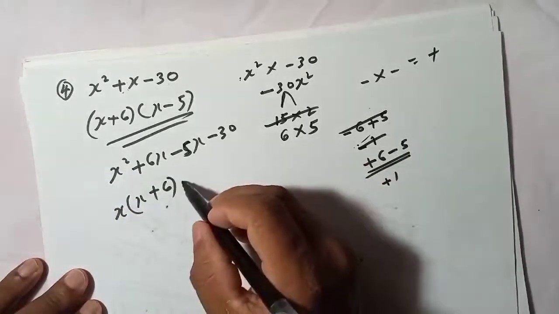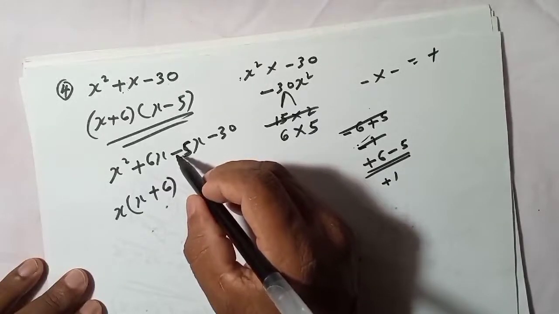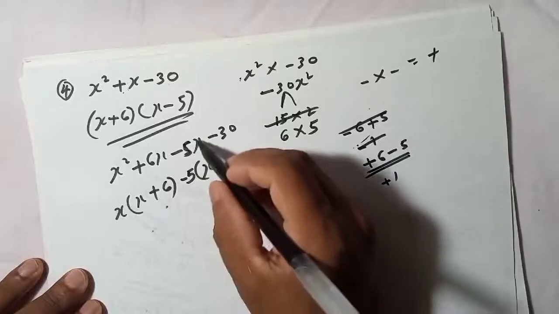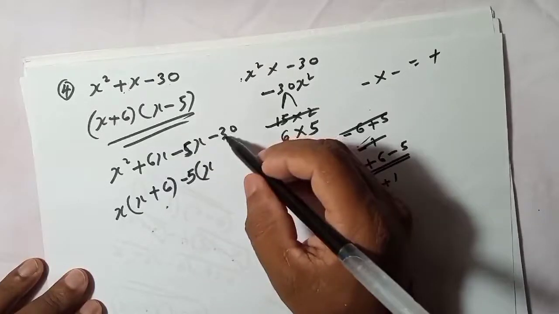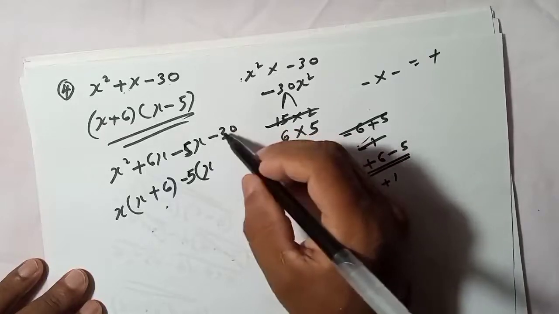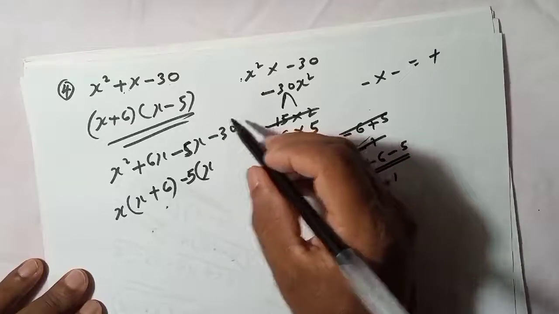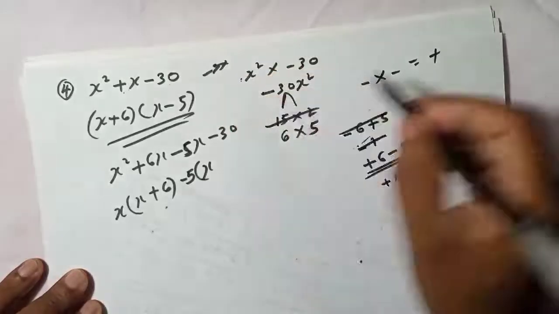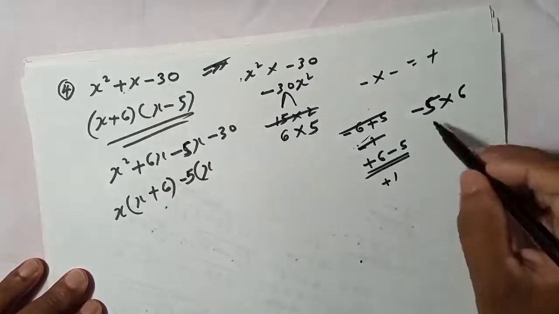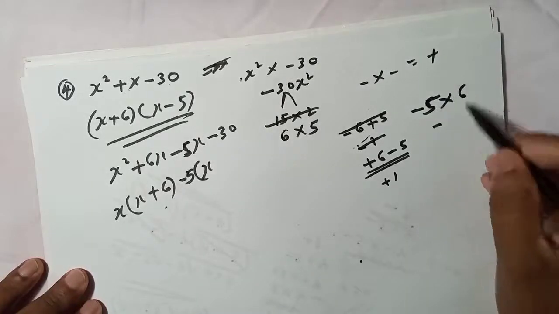Here what we can take outside with this sign, as I told you always, here minus 5 goes outside. Then here the remainder will be x, after you take minus 5, here will be 5 into 6. You can think minus 5 into 6, minus 30. Minus into plus, minus 5 into 6, 30, like that.